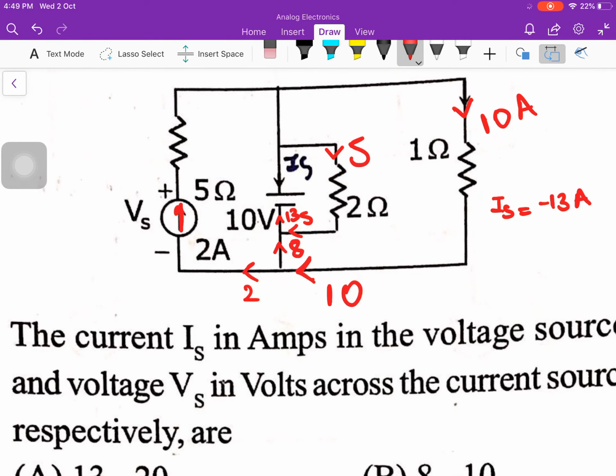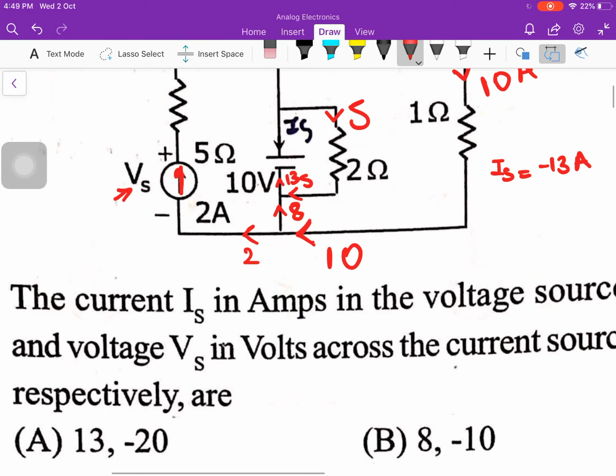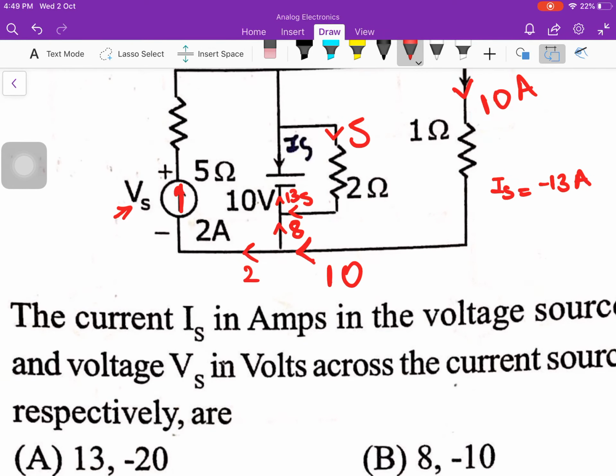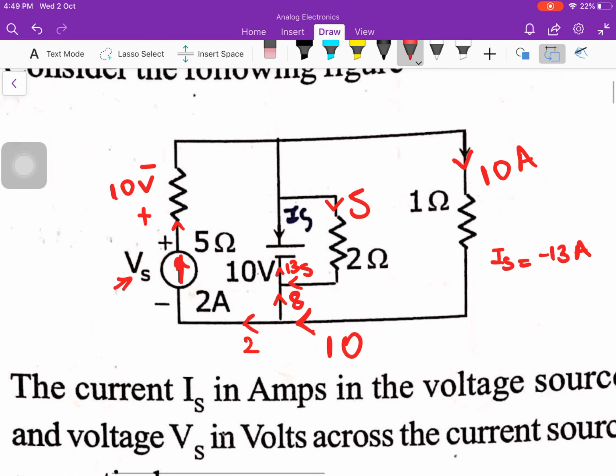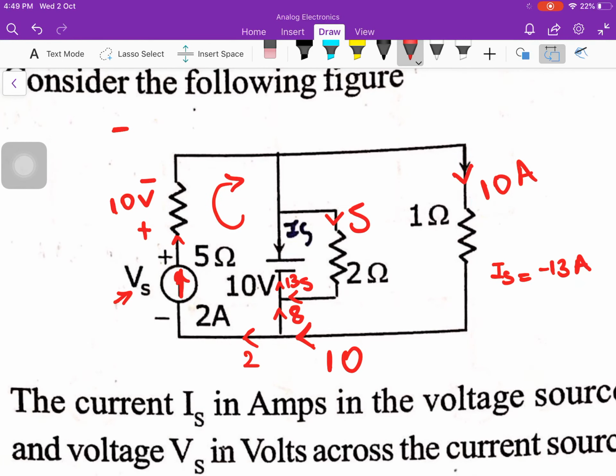Okay, so let's find the voltage Vs now across this current source. Since 2 amps is flowing here, that will flow here also. So here you'll get plus, here you get minus, that is 5 into 2, that is 10 volts. Then we'll apply KVL across this loop in this direction, so we get minus Vs plus 10 volts, then here plus 10 equal to 0, so our Vs is equal to 20 volts.